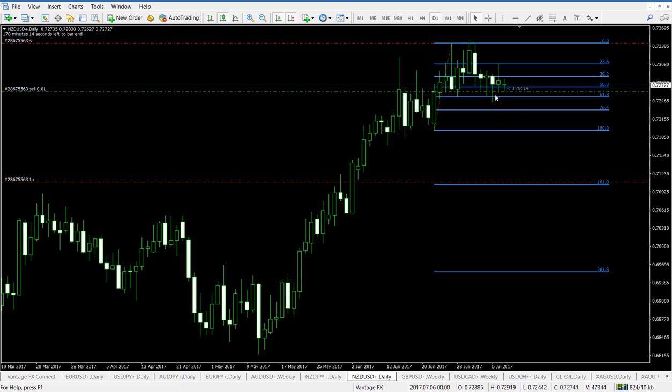Okay, we have 3 pin bars here, upward, and the one back on Friday. So Friday was the opposite move of the natural trend, and now it's going down again.